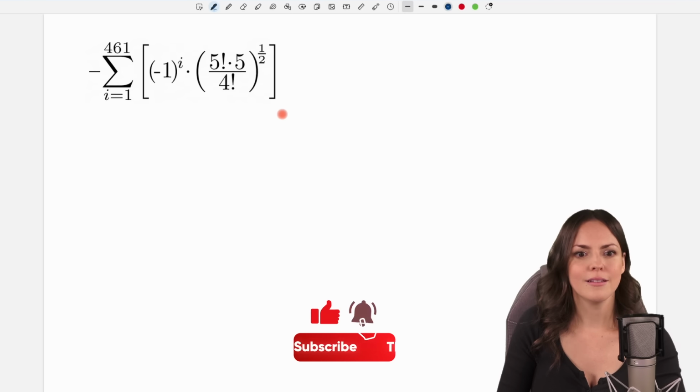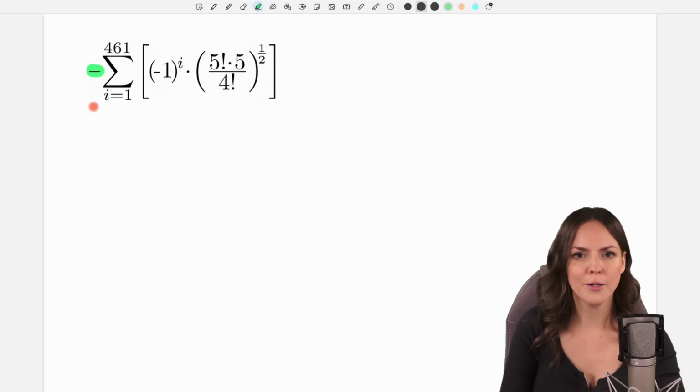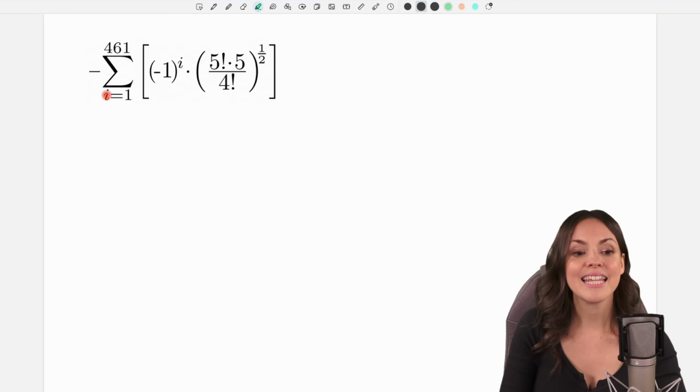Okay, there is a lot of stuff going on here. I mean, it starts with this minus. Okay, we can handle that so far. But then we have this symbol here, and this is a sigma. We're going to take a look at this sigma in detail later on, but for now, we just acknowledge that it is there and that the index of our sigma is an I. An I goes from 1 to 461.